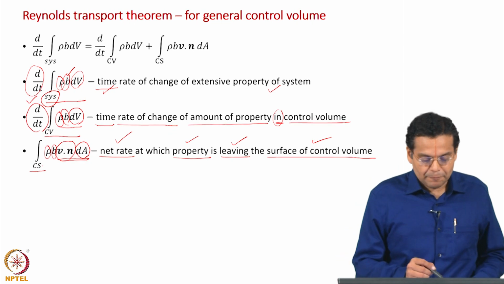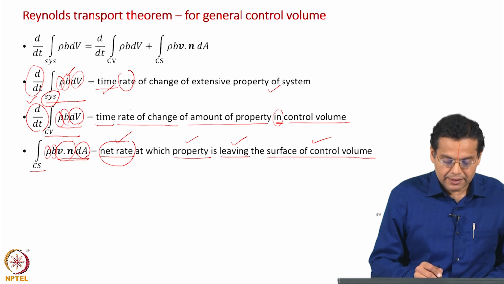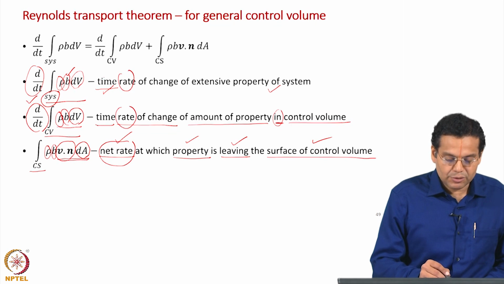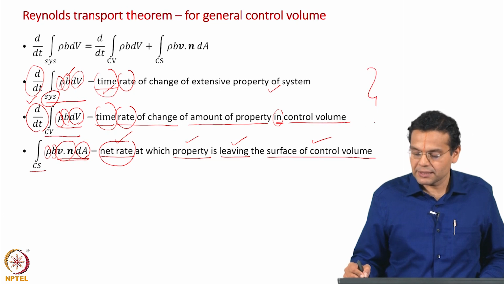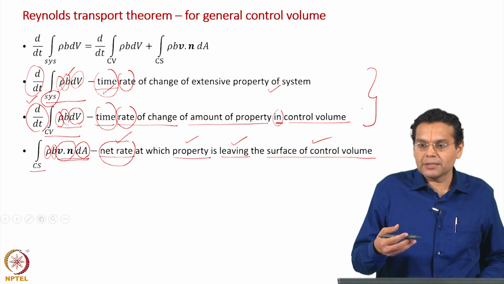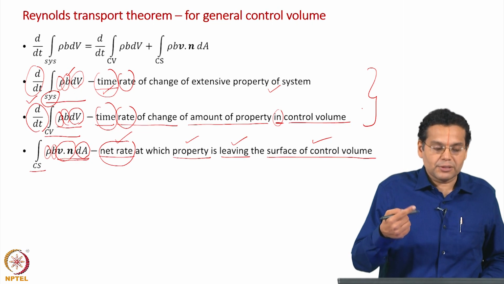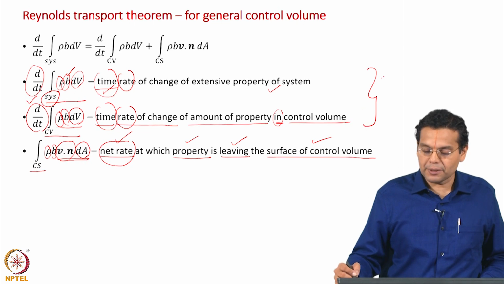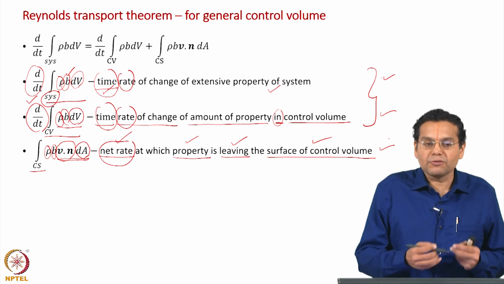So, that is why, to distinguish this rate and this rate, specifically I have used time rate here and time rate here. These two represent rate of change with respect to time, because with respect to time there is variation in the property of system and property in control volume. This rate is because of fluid flow.